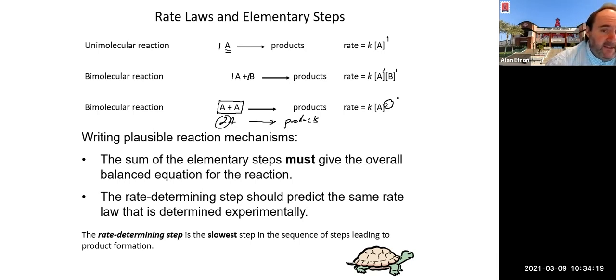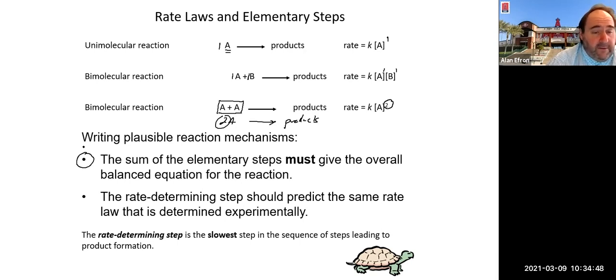The first one is pretty simple. You have an overall reaction you're looking for, and that means that when you add up all the elementary steps, all those individual equations that were given to you, it needs to add up to the reaction that you're looking for. So if you add up all these reactions and it doesn't match the reaction you're looking for, not a great mechanism, it's a bad mechanism.